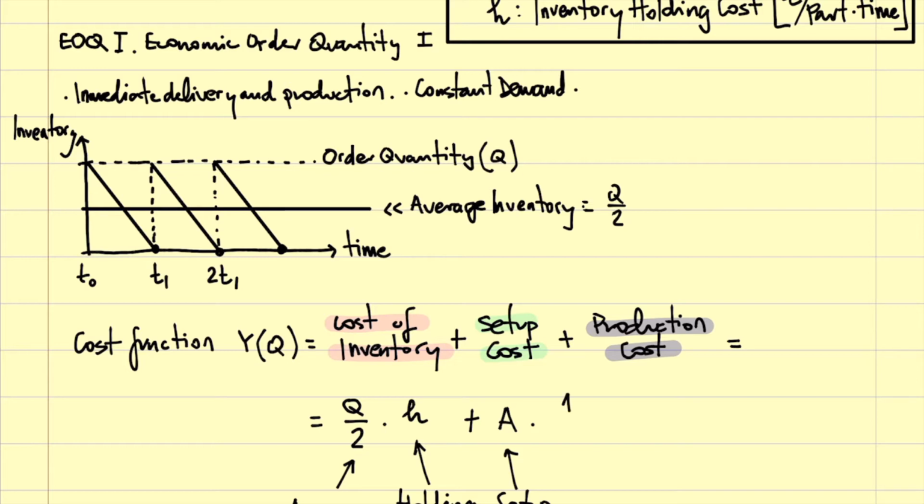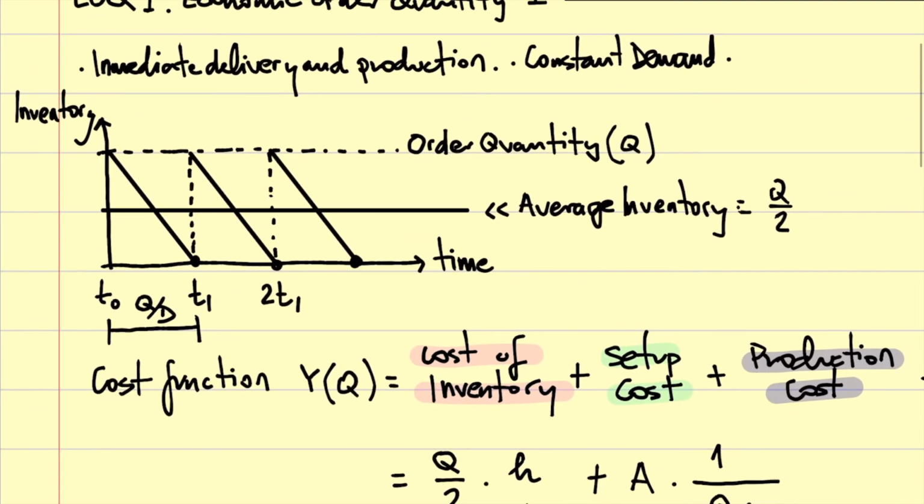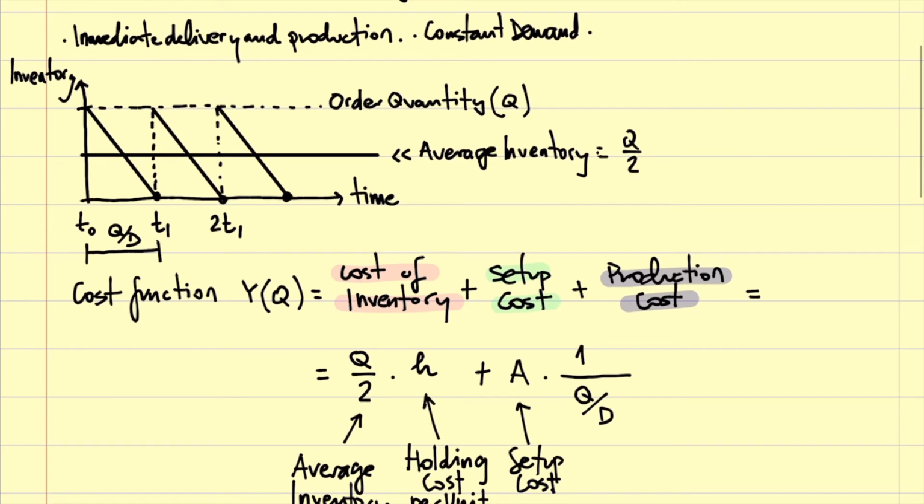So 1 divided by Q divided by D. This is Q divided by D, as you can see from the formula.